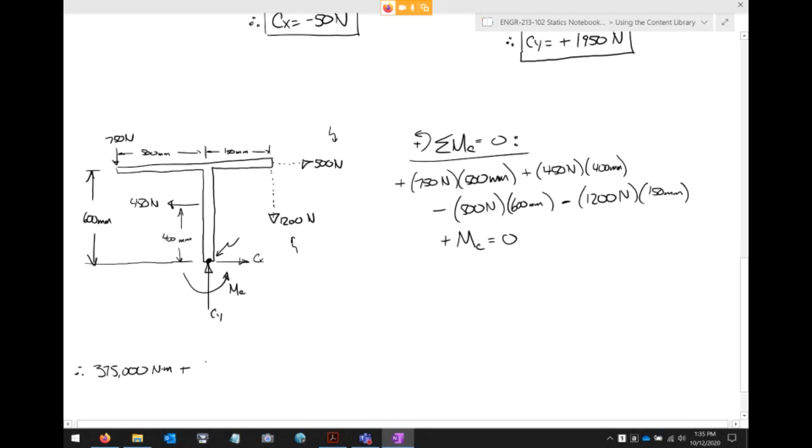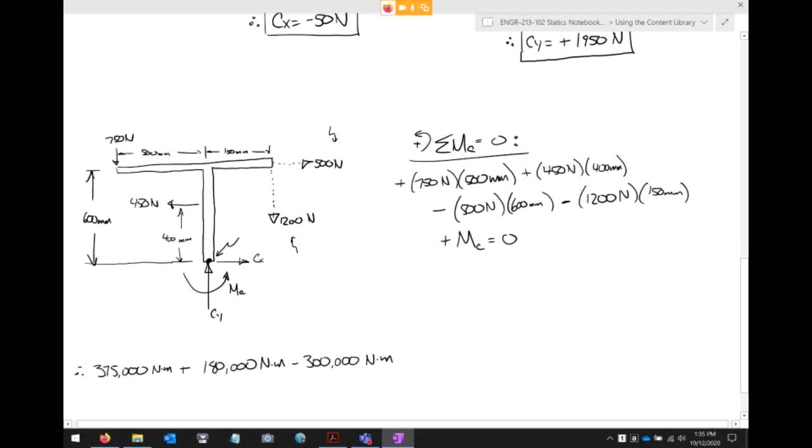Good deal. Thank you. All right, 180,000 Newton meters. That's 450 times 400. Okay, 500 times 600. I think that's 300,000, minus 300,000 Newton meters.